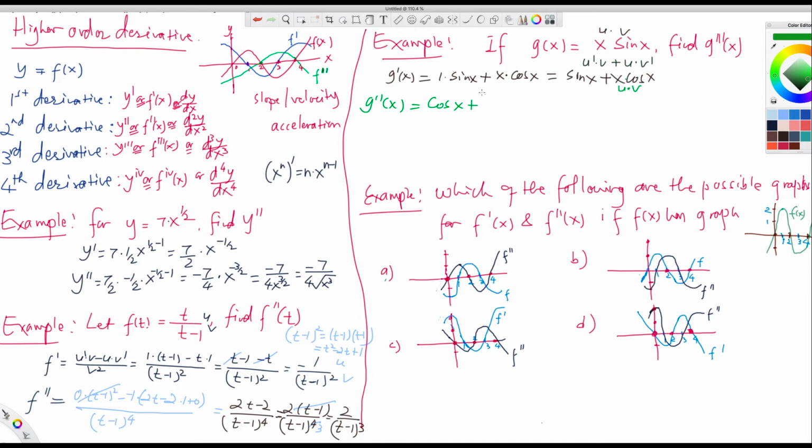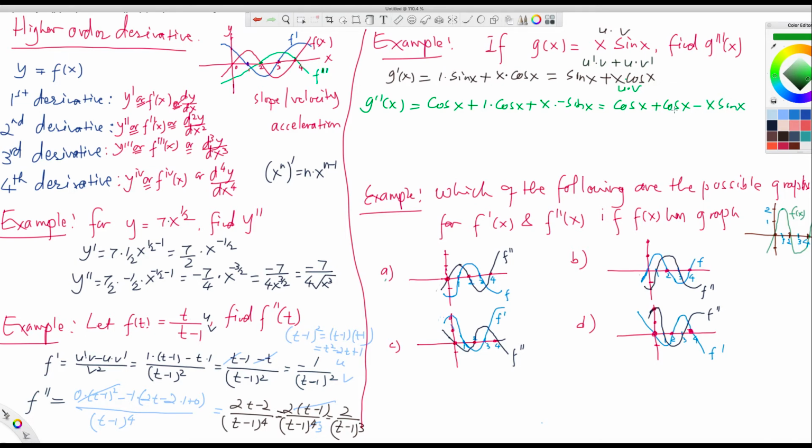So u prime is 1 times cosine of x plus u means x times v prime is negative sine x. So if you write in the simplified form, you will get cosine of x plus cosine of x minus x sine x, right? That's what you get.